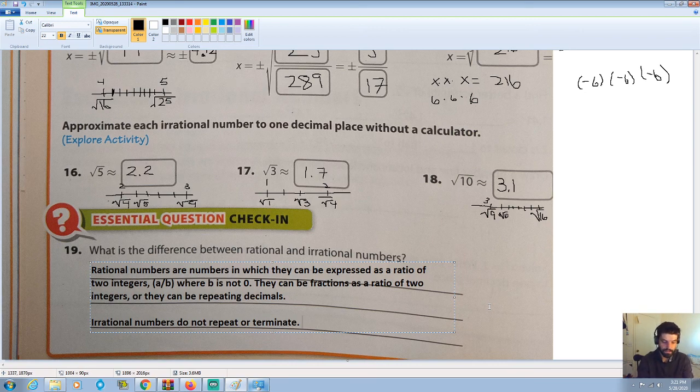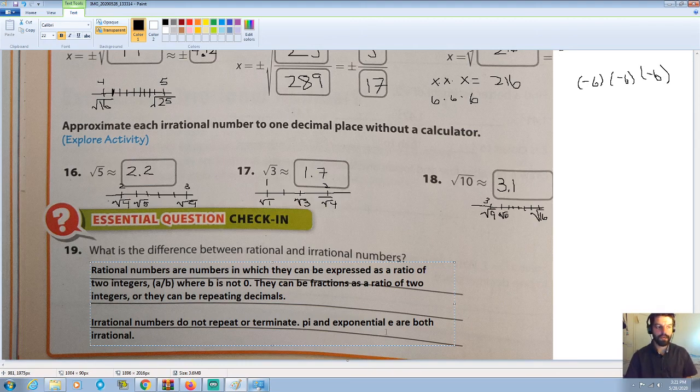Very important irrational numbers to become familiar with are pi and exponential e. They are both irrational numbers. They are constants, but again, they go on forever. So those are two important irrational numbers you want to get familiar with.